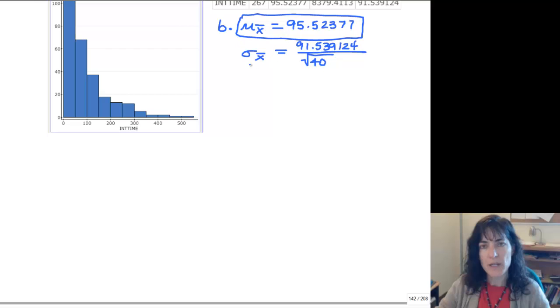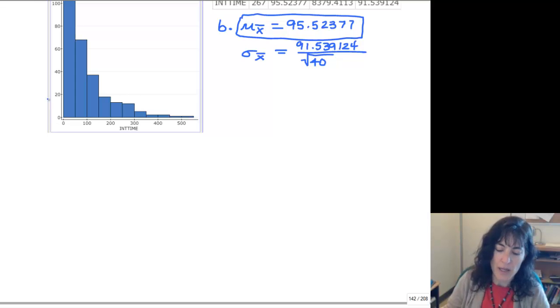Okay, calculating my standard deviation for my X bar, I have 91.5394124 divided by the square root of 40, so I'm going to type that in my calculator: 91.5394124 divided by, and I type in the square root, the 40, parentheses, enter, and I get approximately 14.47.